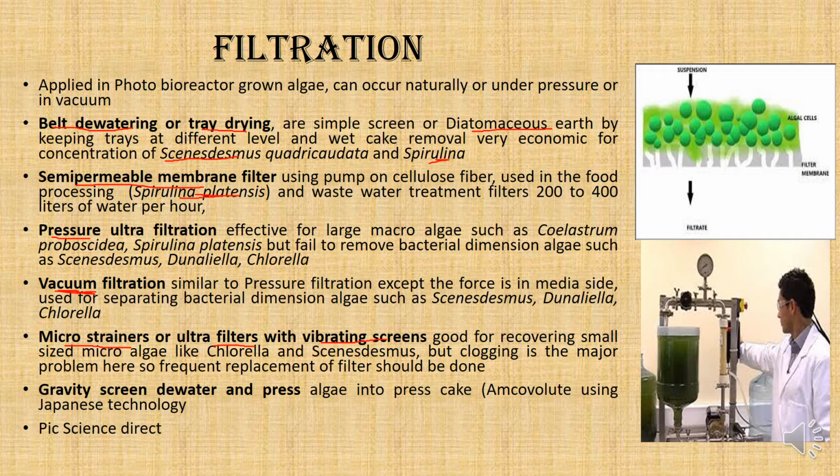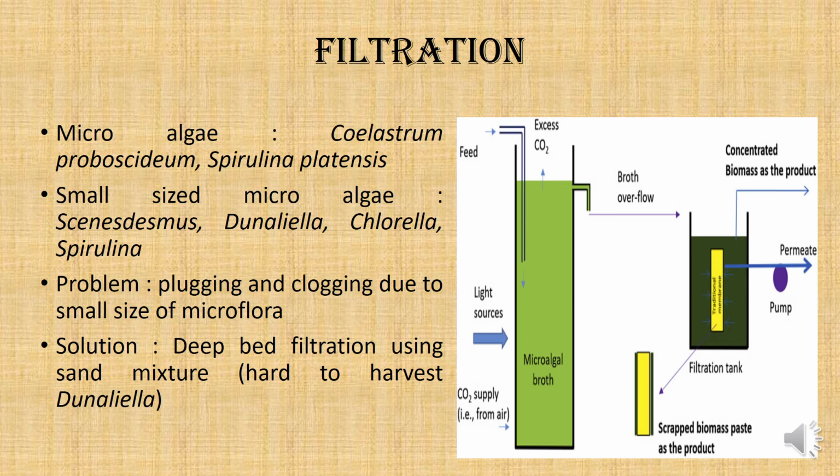Micro strainers and ultra filters with a vibrating screen are nowadays used, and they have a much higher efficiency, and the entire filtration process can be done in a very low amount of time. In fact, there is now a gravity screen filter dewater press that Amco Volute has been using.